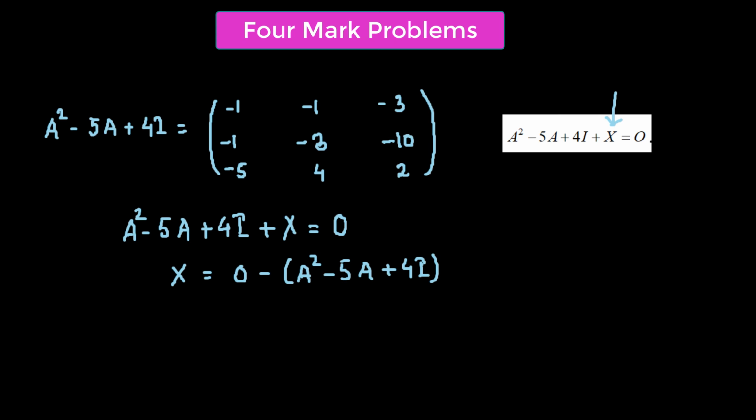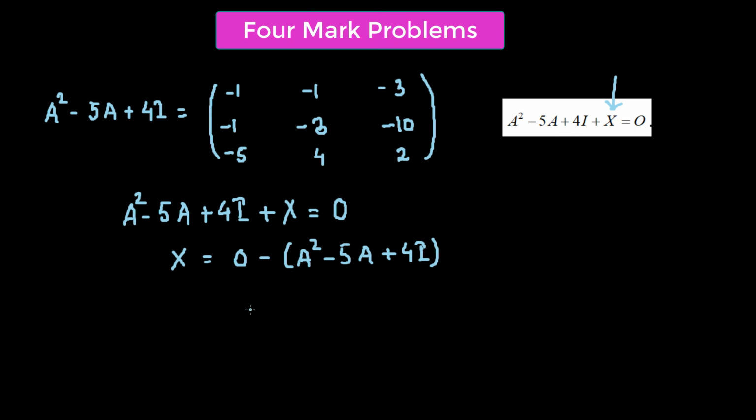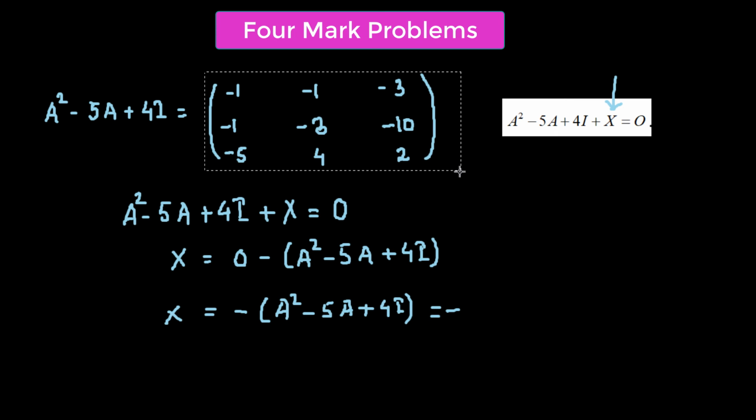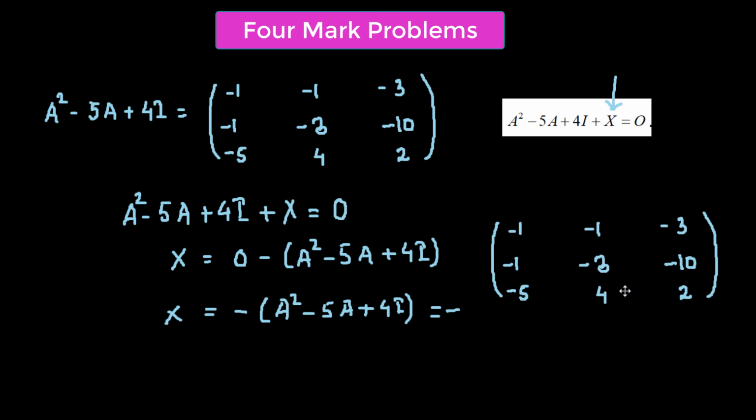Now, adding a matrix to a 0 matrix leaves the matrix itself. So we'll be simply left with A squared minus 5A plus 4I, which is equal to negative times the matrix. So let me copy it. So this is the matrix.